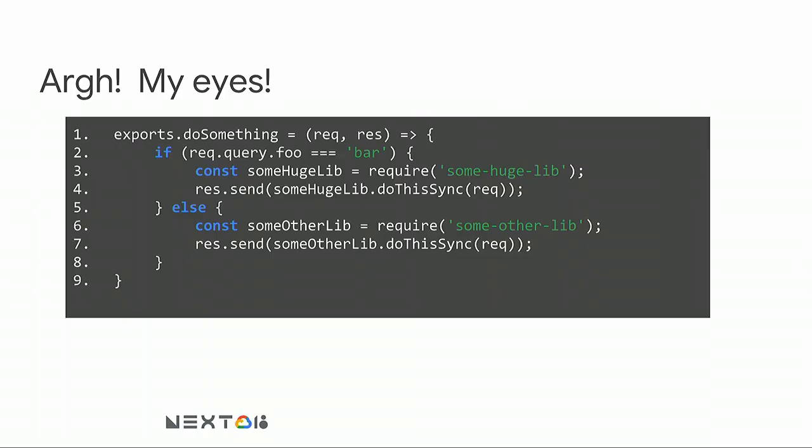Okay, this is where I'm going to get in big trouble. I'm not saying necessarily do this, but this would help. I only require the library when it's actually required. Now, a really great feature of Node is that that require statement will be cached.